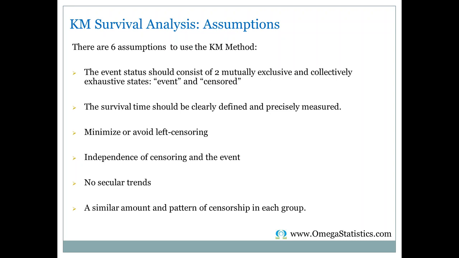So the people that are surviving or dropping out should be similar in each group. One of the assumptions of the Kaplan-Meier method and statistical tests for differences between survival distributions like a log rank test is that censoring is similar in all the groups. This includes a similar amount of censorship per group and similar patterns of censorship per group.